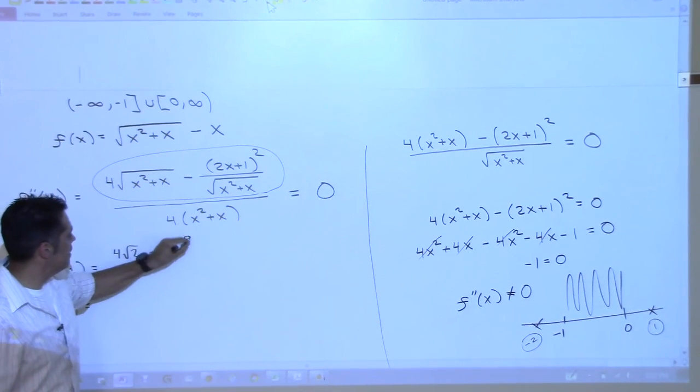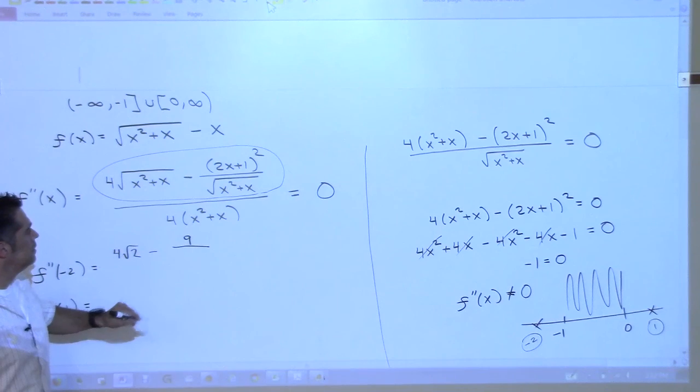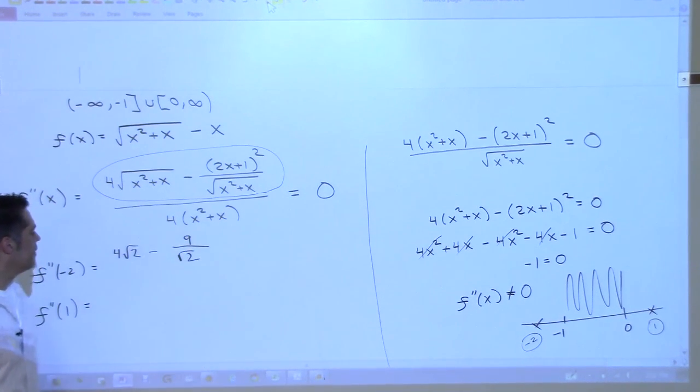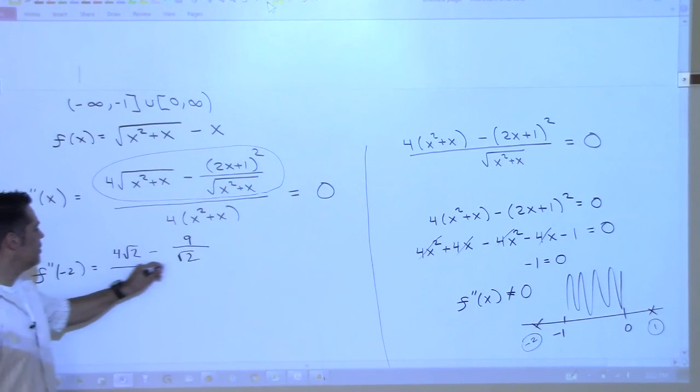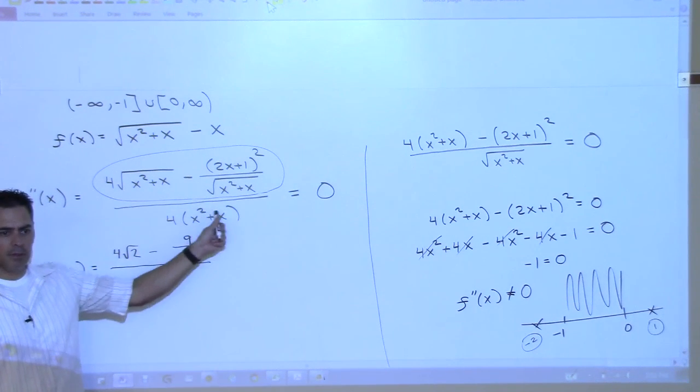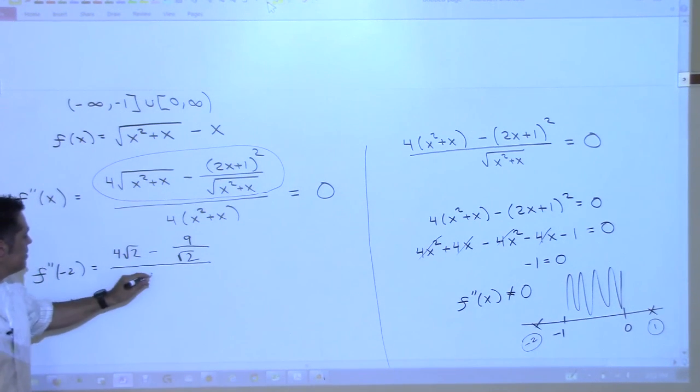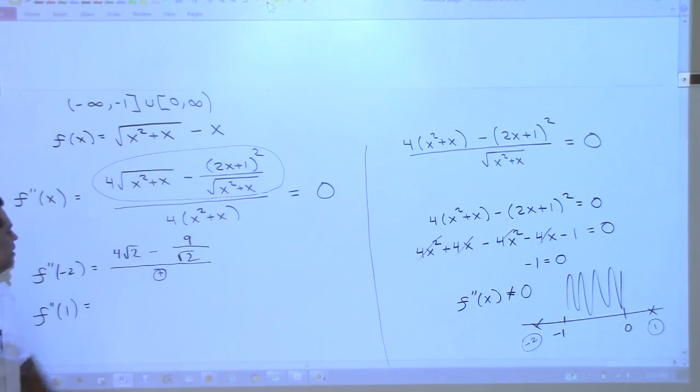So 9 over root 2, and that's all over this thing. Do you agree that this is positive? So this is going to be a positive number on the bottom. So 4 root 2 minus 9 over root 2.